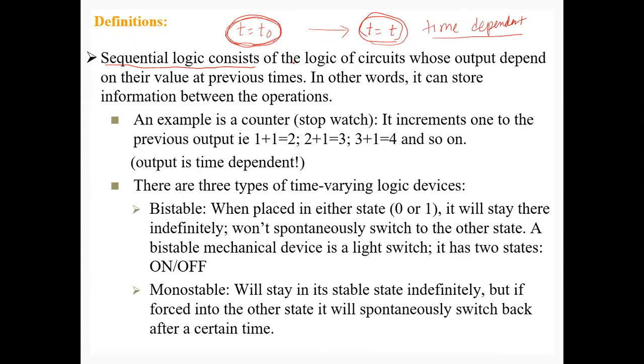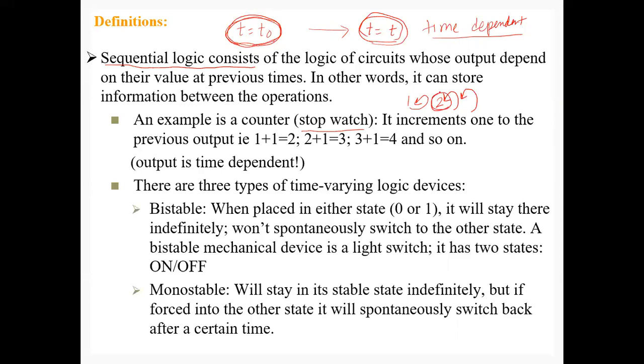Okay. For instance, if you have a counter, right? Very simple example, or a stopwatch, for instance. What it does is it starts at 1, then it adds 1 more to it, so it becomes 2, then add 1 more, then it becomes 3. Then add 1 more, it is 4.